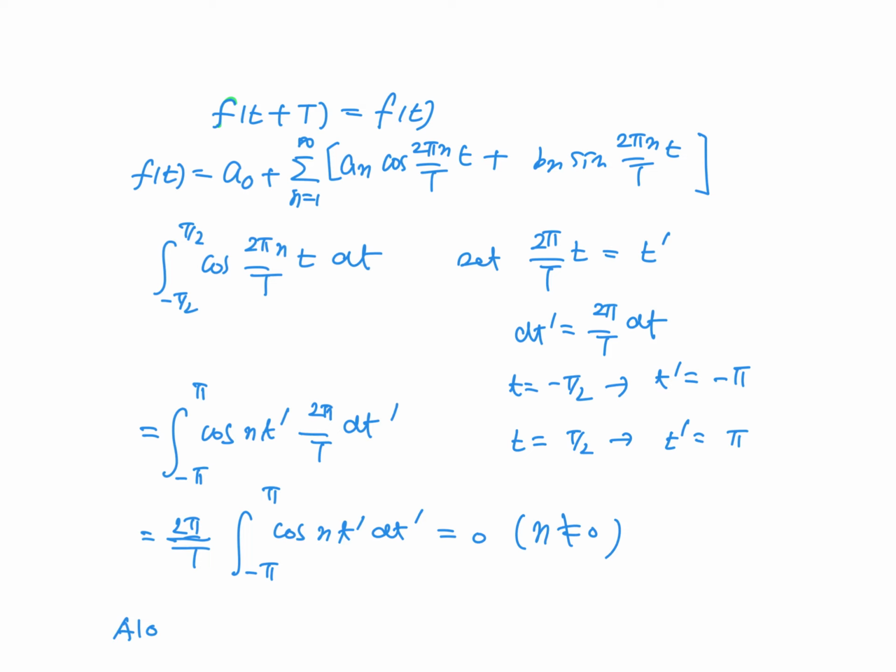Also, sine 2 pi n t over T dt is T over 2 pi. I'm just going to write down only once. Sine n t prime dt is always 0, right?